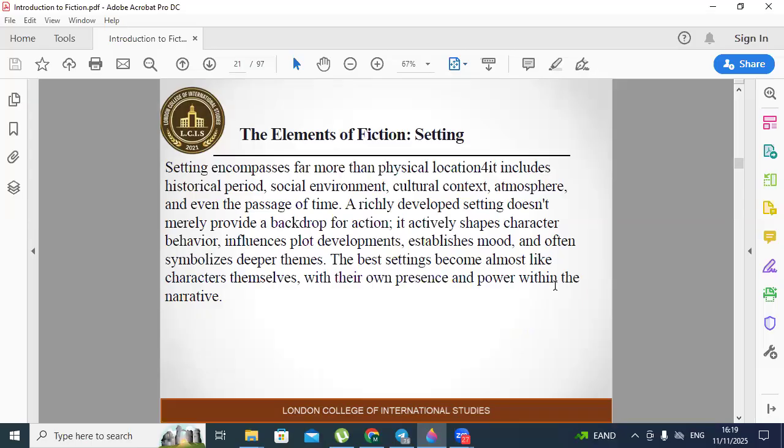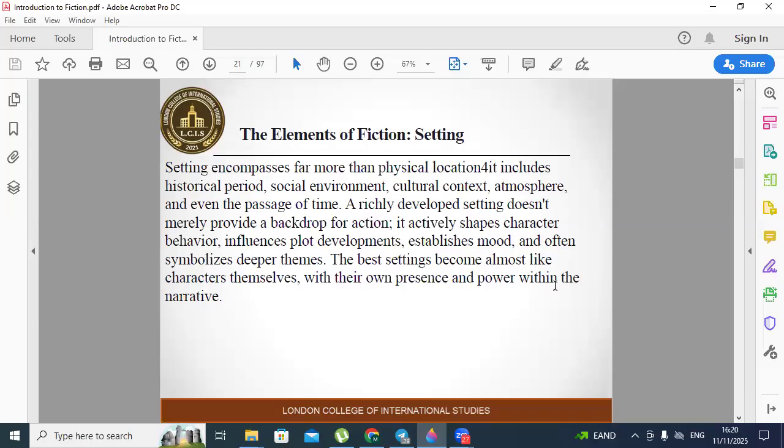A richly developed setting doesn't merely provide a backdrop for action, it actively shapes character behavior. People act differently in different environments. It influences plot developments. Certain events can only occur in certain settings. It establishes mood.